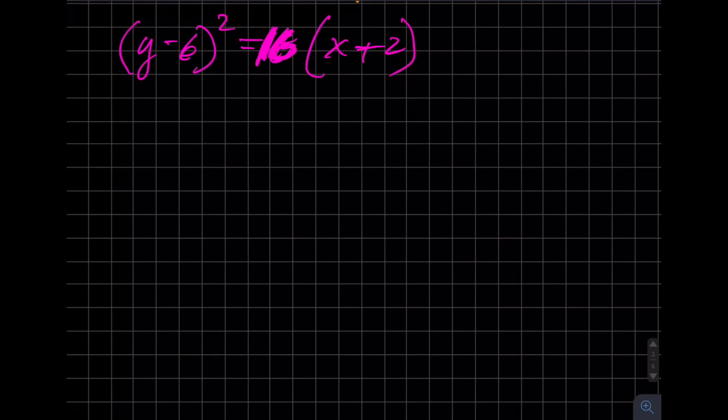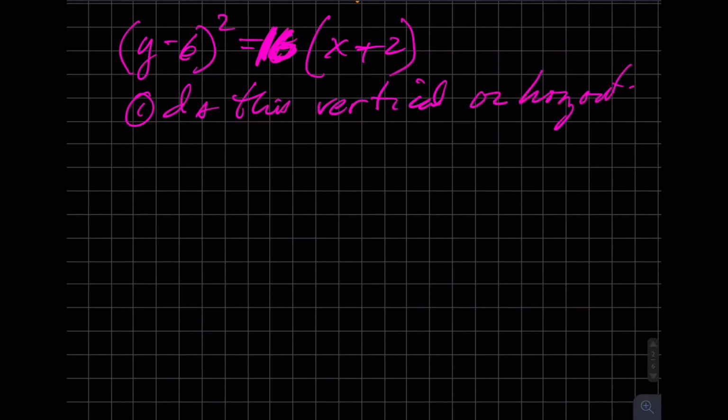The first thing I want to do every single time, no matter if it's the parabola, the ellipse, or the hyperbola, I want to ask, is this vertical or horizontal? First question every single time. Since my y is the squared term, then this guy is horizontal.